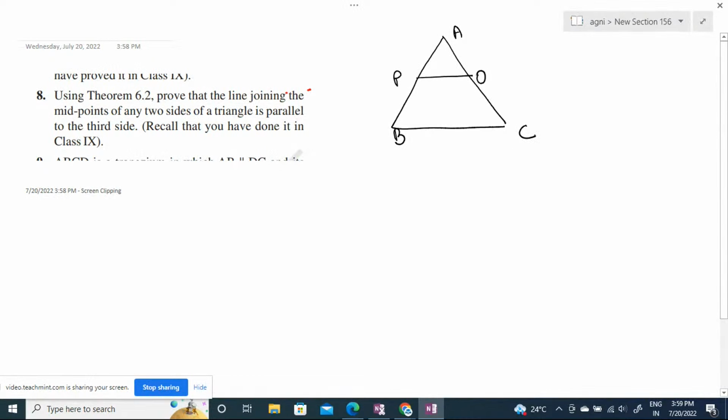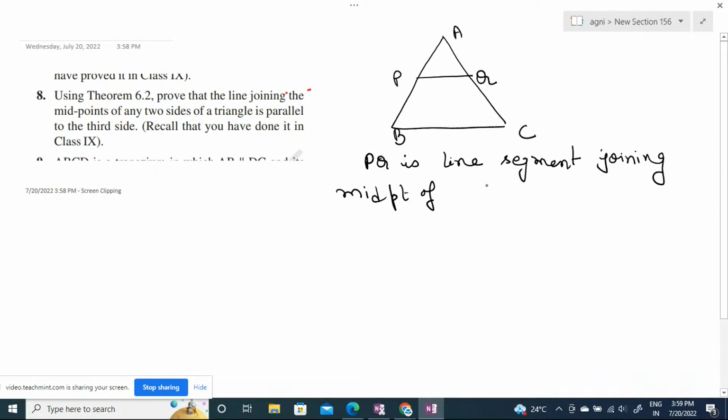It is given that P and Q are midpoints. It is given that PQ is the line segment joining the midpoints of lines AB and AC.